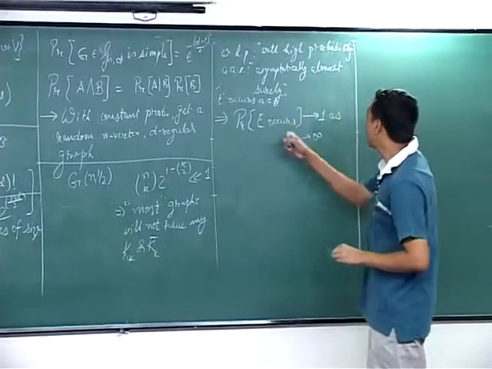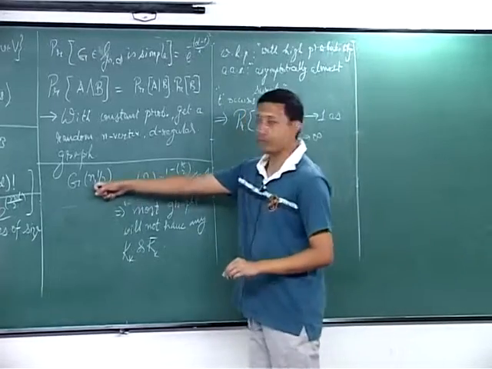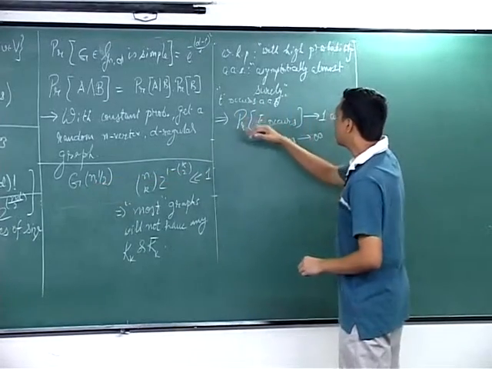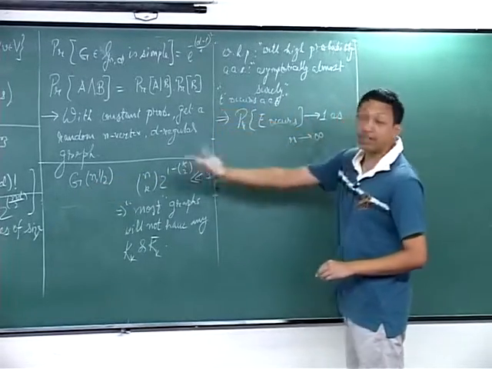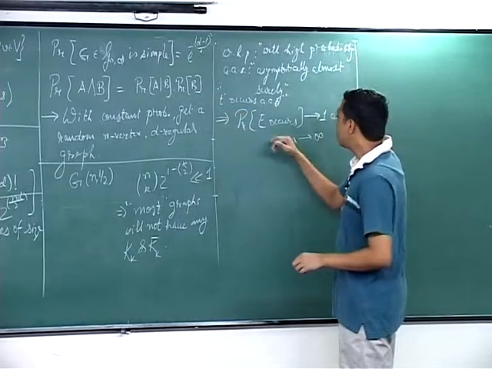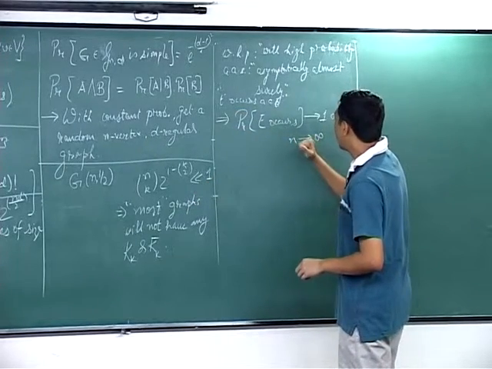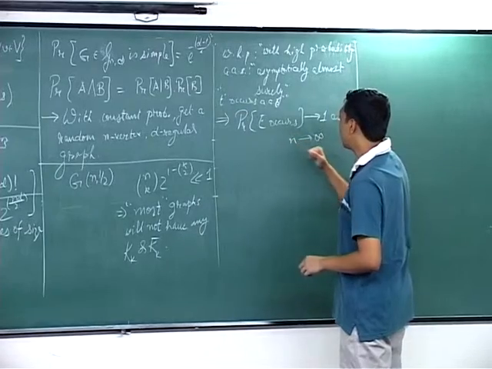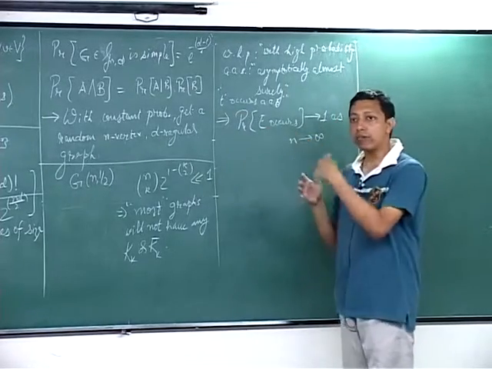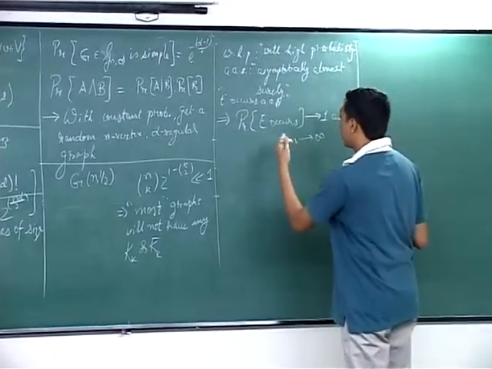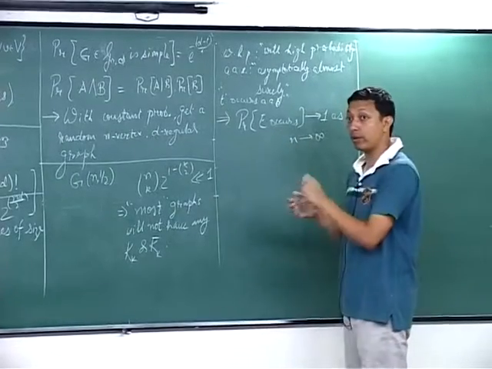Where is n coming from? This is the n of the graph, since any event is an event on an n vertex graph, so naturally the event will depend on n and the probability will depend on n.